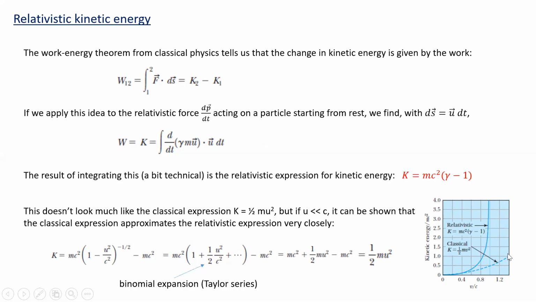So if we keep pouring energy into a particle, eventually our velocity will exceed c. But relativistically, if we graph this expression versus u over c, we find that we can get any kinetic energy we want, as high as we want, and the velocity u is limited at the speed of light. Okay, so that's kinetic energy.